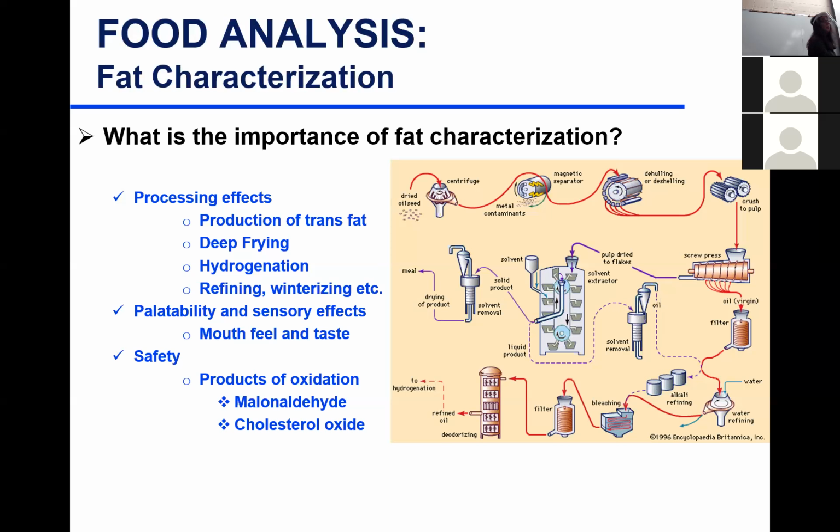Deep frying. Okay, that's when we fry with oil, potato chips, for example, or potato fries. So it has water, right? Your potato is rich in water. You put that potato in the oil. So you have water, you have heat. You cause hydrolysis of triglycerides. So you start forming free fatty acids.